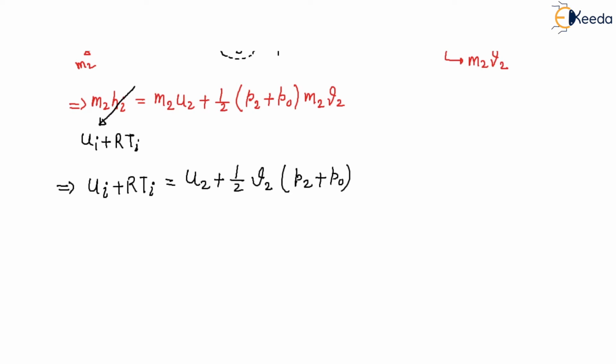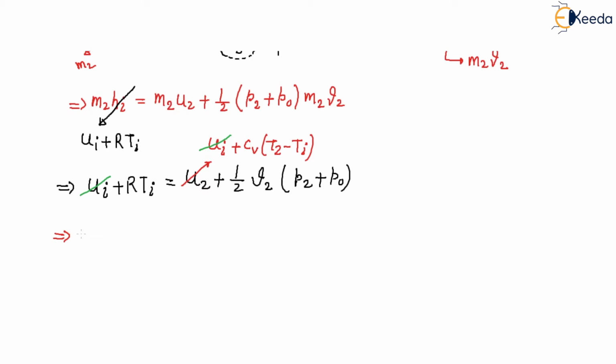And what is your U2? U2 is nothing but Ui plus Cv times T2 minus Ti. It is given U2. So what is that? R, and Ui and Ui get cancelled.